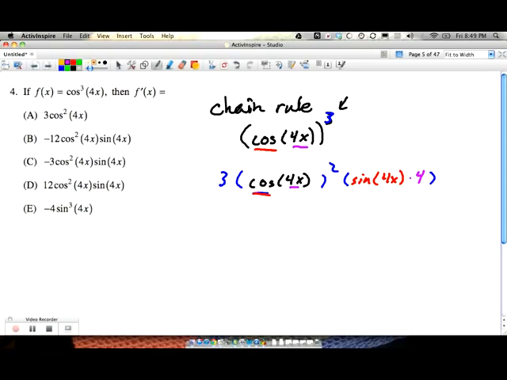Because we got a lot of stuff going on here, I do notice that this 3 and 4 are just constants, so it's going to be simplified together. So that's 12. Then we have cosine squared 4x sine 4x. But you know what? I'm thinking that I'm missing something, because when I took the derivative of cosine to sine, I need a negative. So this should have a negative up front. That would mean B is our answer. Got to be careful with those negatives, because the derivative of cosine is negative sine.